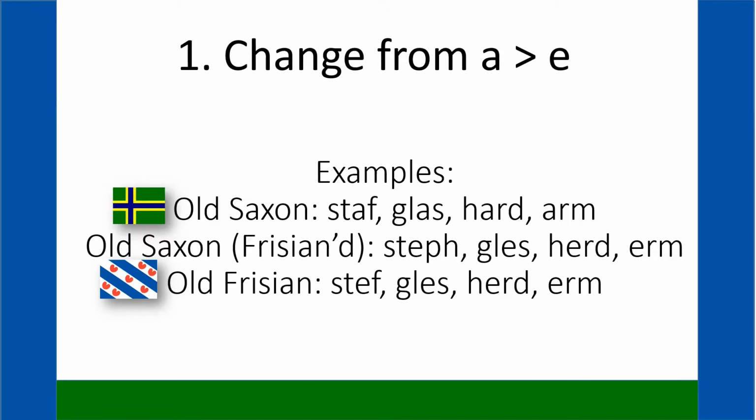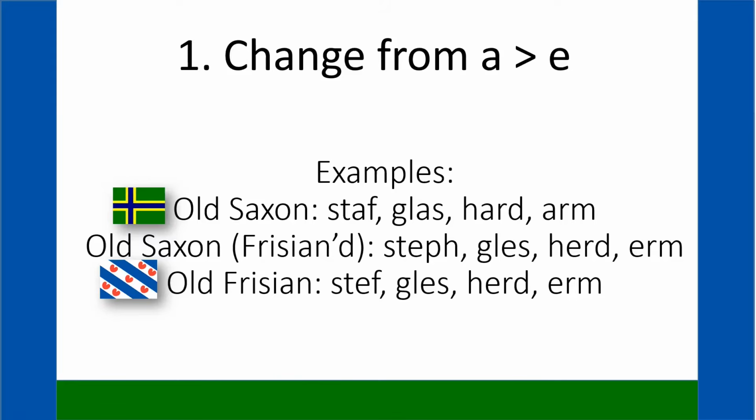The first example of Frisian influence onto Old Saxon is actually a change from A to E. So we have here contrasted Old Saxon with the Frisianized Old Saxon, as well as Old Frisian proper. We see here with the Old Saxon, we have staf, glas, hard, and arm.